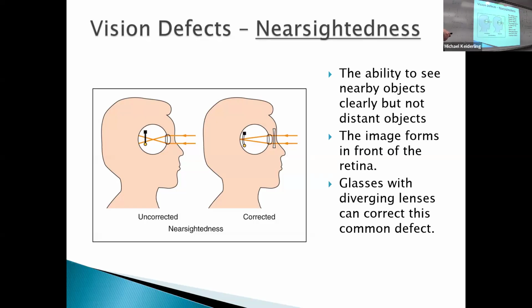So basically what you do is you put a diverging lens in that effectively creates an image that you feed to your eye that is functionally closer. So it helps correct for that issue.